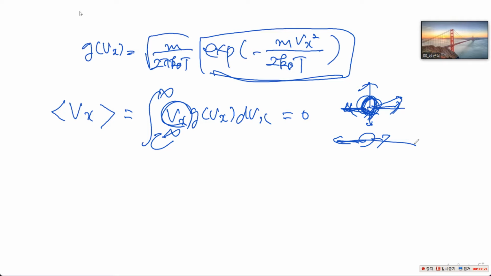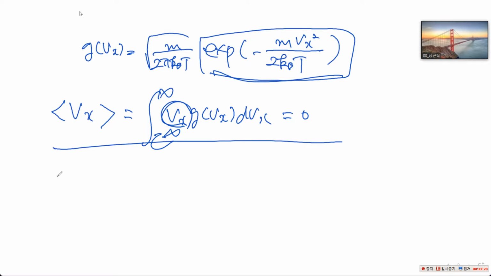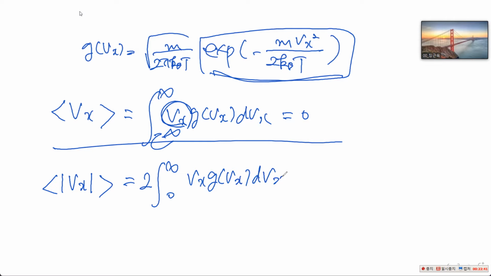Then what about the average speed? Someone asked, then what is the value of the average velocity? Then we can think about the average speed. Okay, then what is the average speed? To calculate it, it is given by the integral of the absolute value of vx times the distribution. And that result, we already know. 이거 이미 했잖아요.